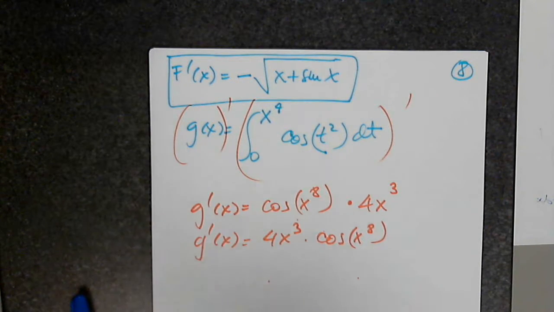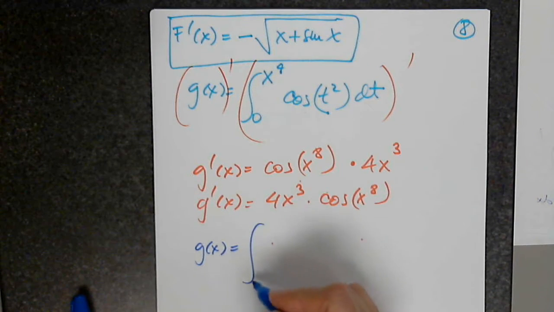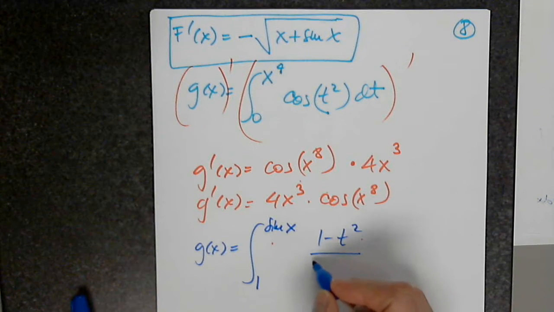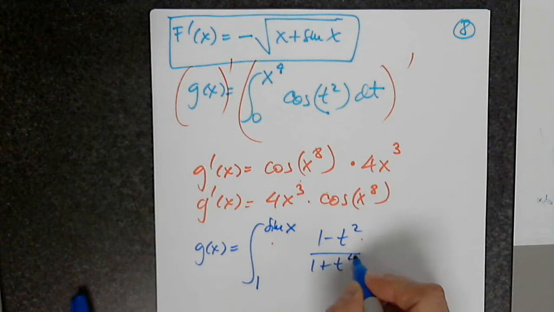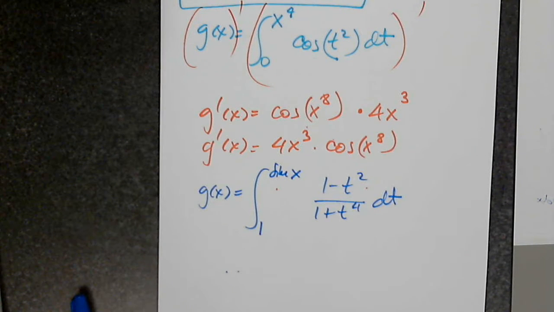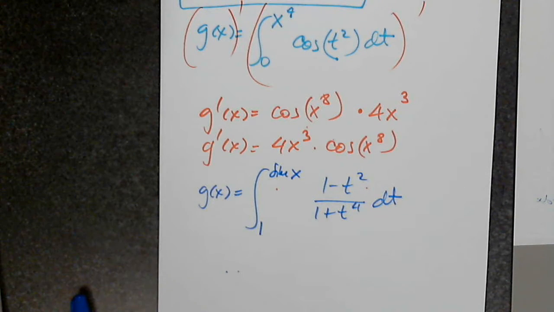Okay, next one. G of x is the integral from 1 to sine x of 1 minus t squared over 1 plus t to the 4th dt. Is this ready for differentiation? I have a number and I have a function. It's not plain x, so I have to be careful.